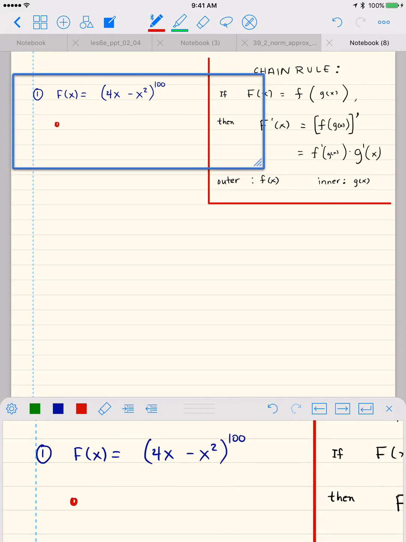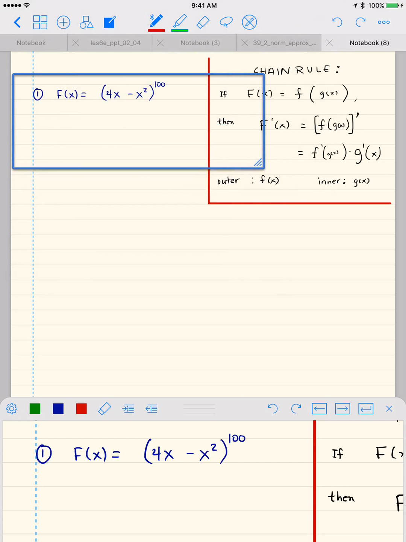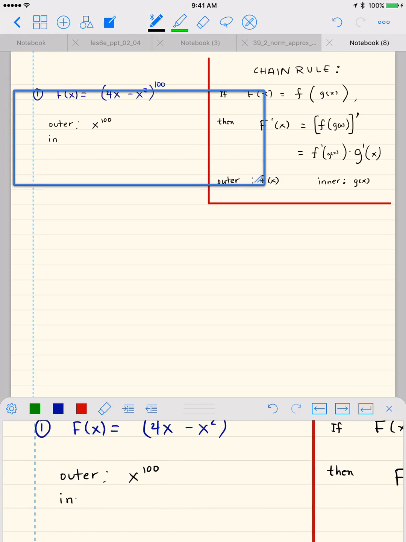So I'm going to say my outer function is x to the 100. My inner function is 4x minus x squared.